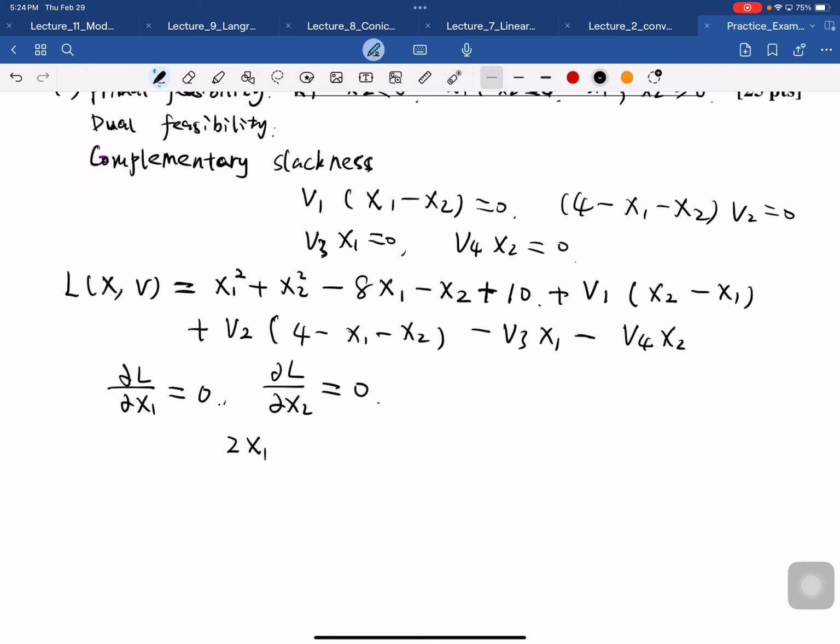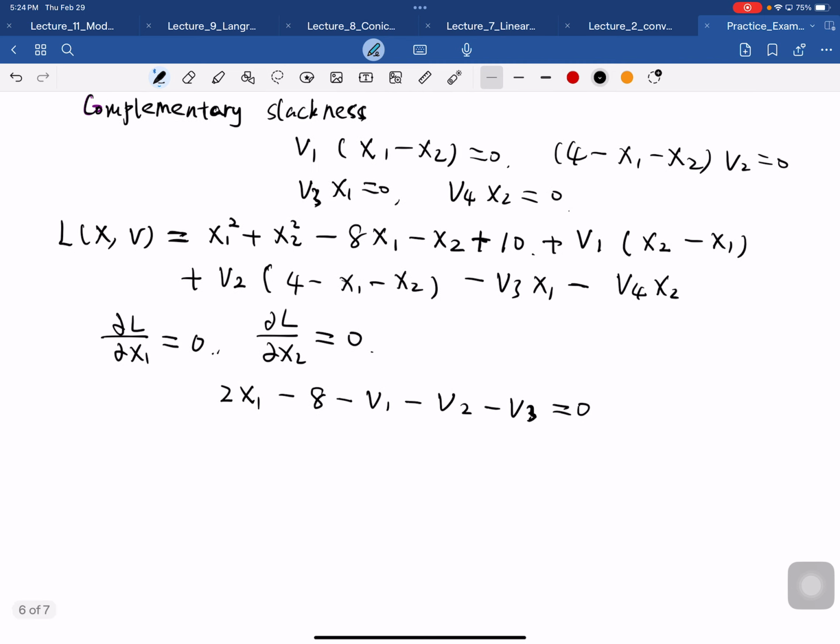So it's 2x1 minus 8 minus v1 minus v2 minus v3 equals 0. And then for the second derivative, we have 2x2 minus 1 plus v1.